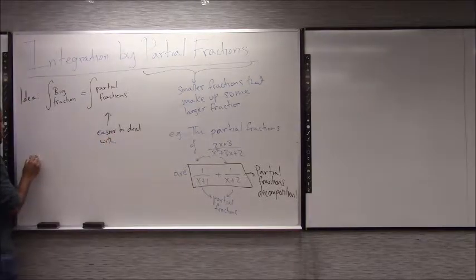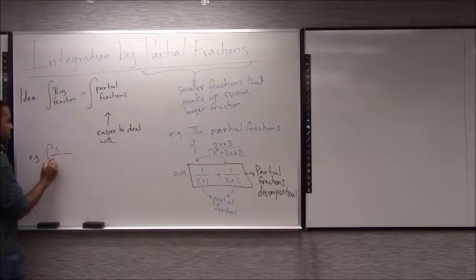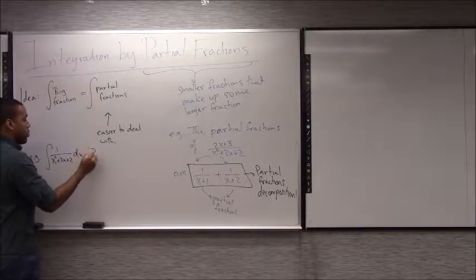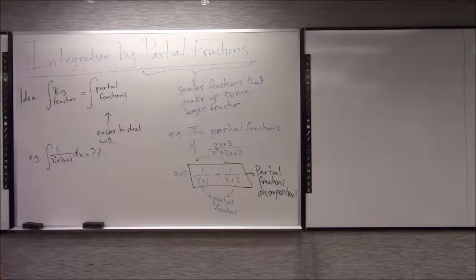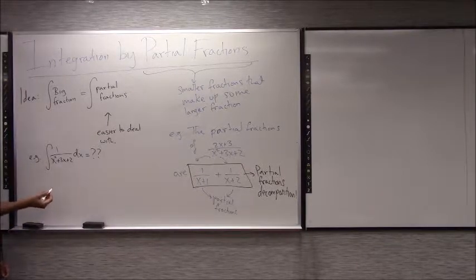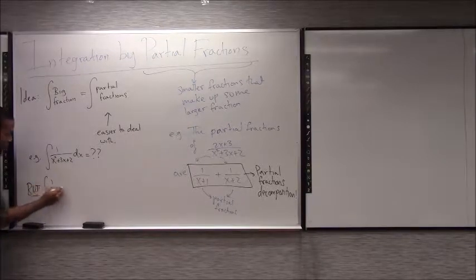For example, if you wanted to integrate this guy, at this point pretty much the only thing you could do with a guy like this is to complete the square and do a trig sub, but that's going to be ugly.